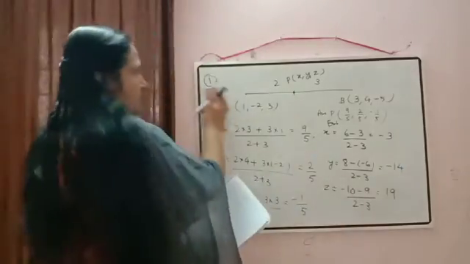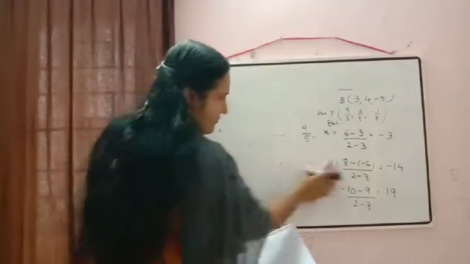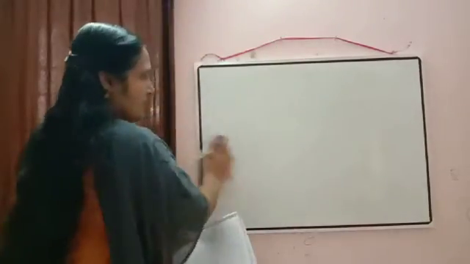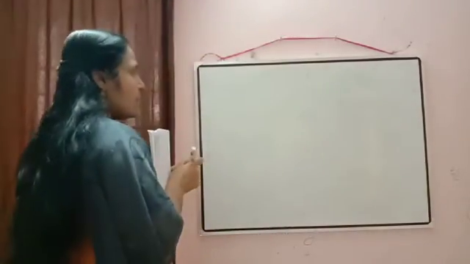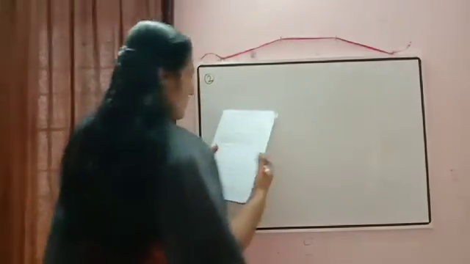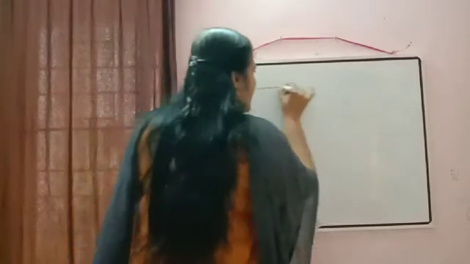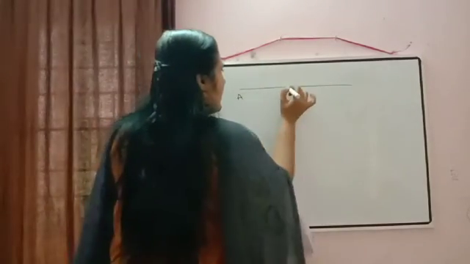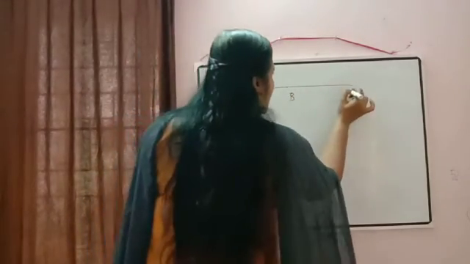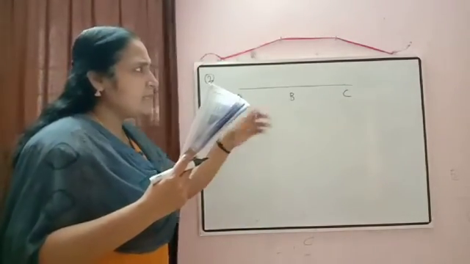Next question is, it is written, prove using section formula the points are collinear. So using distance formula we proved how we check whether the points are collinear. Now we can check if they are collinear. If A, B and C are in the same line, then any one point will be between the other two points.